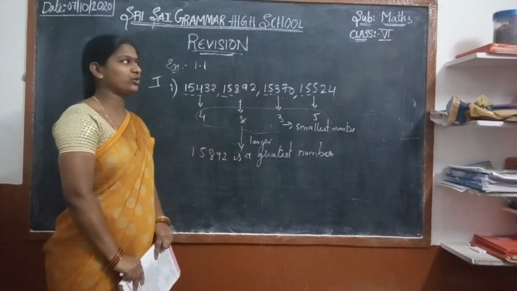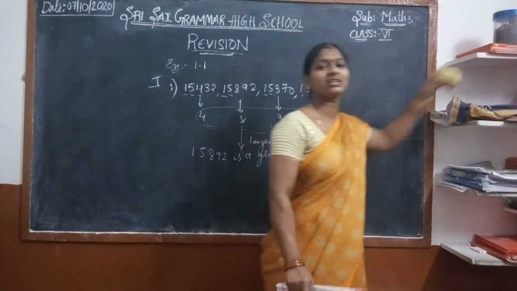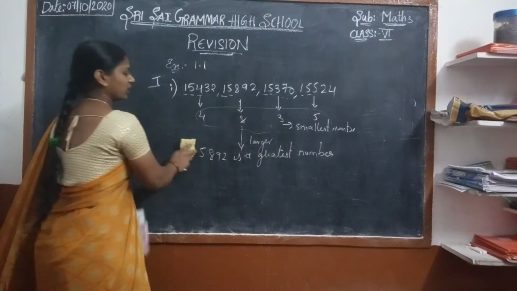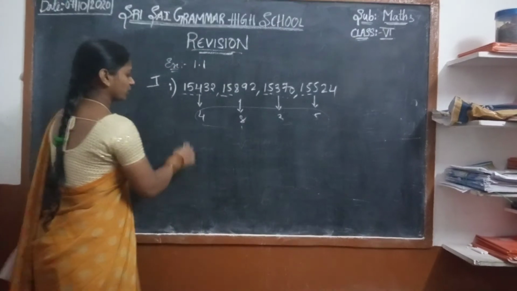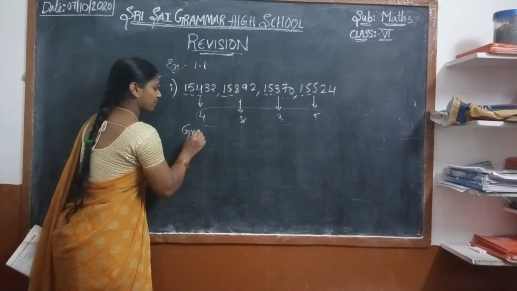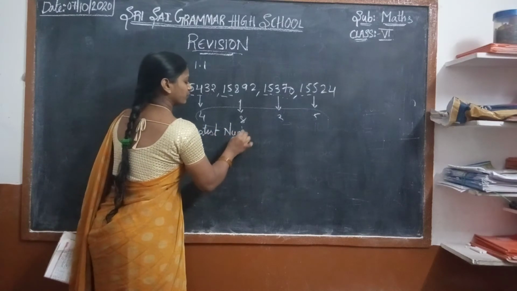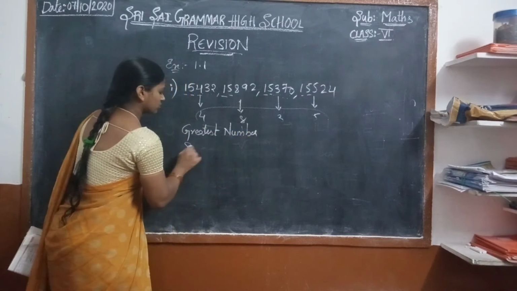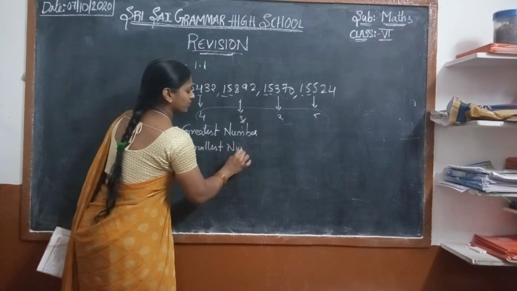In the book you have to write how you would answer in the classroom. You have to give which is the greatest number and which is the smallest number.